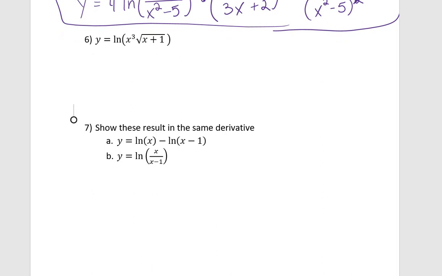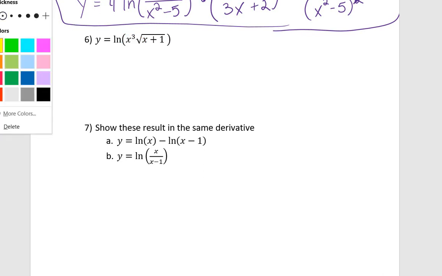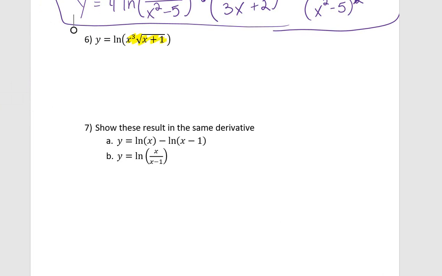Alright, and finally, on number 6, we are going to have this inside piece right here. So remember, the derivative of the natural log is going to be 1 over the inside left alone times the derivative of the inside.